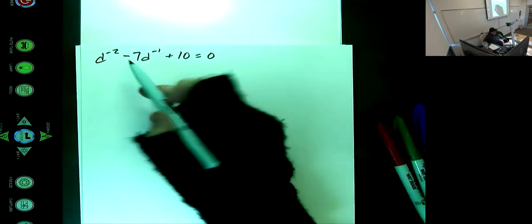Is this in quadratic form? Is one of the exponents double the other? Yeah, that's the one that's doubled. So we're gonna say u equals the smaller one, the undoubled.